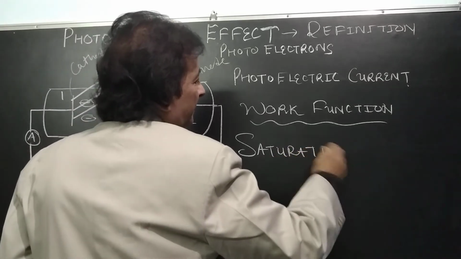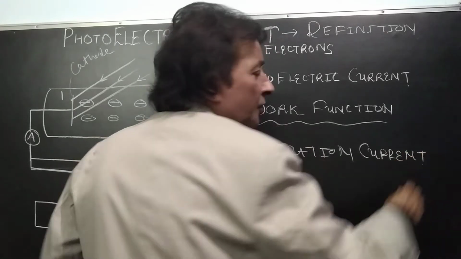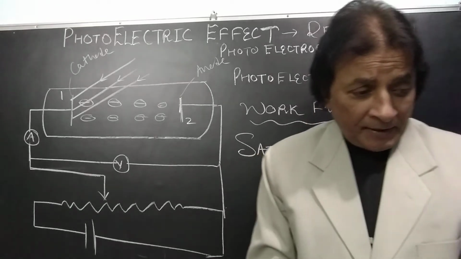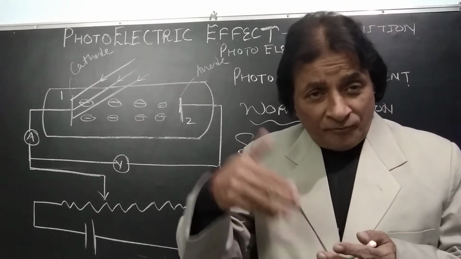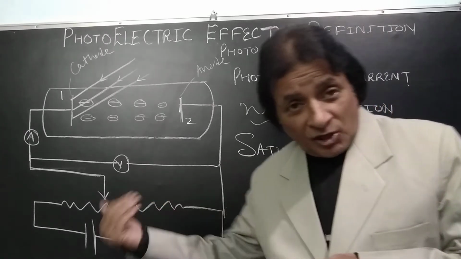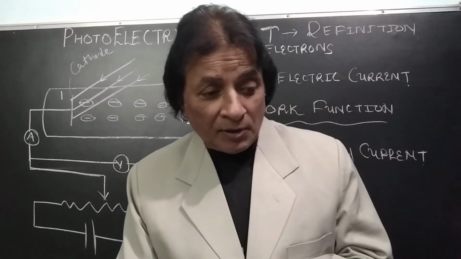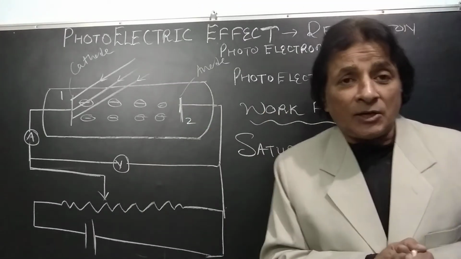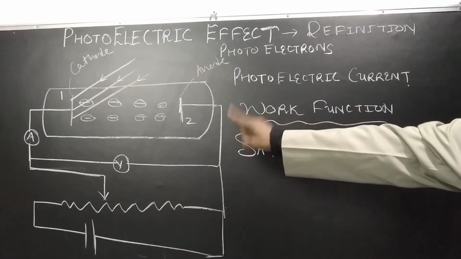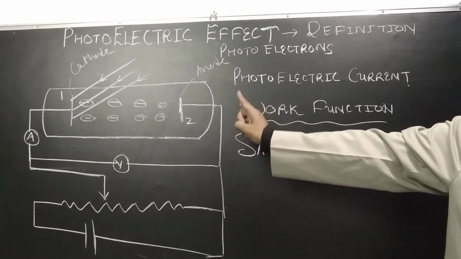Saturation current. Now you will ask a question: sir, what is the meaning of saturation current? You know, when all the photoelectrons emitted by the cathode reach the anode, then the current flowing in the circuit at that instant is called saturated current.